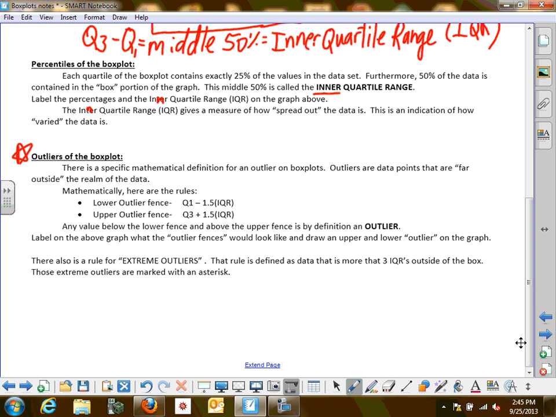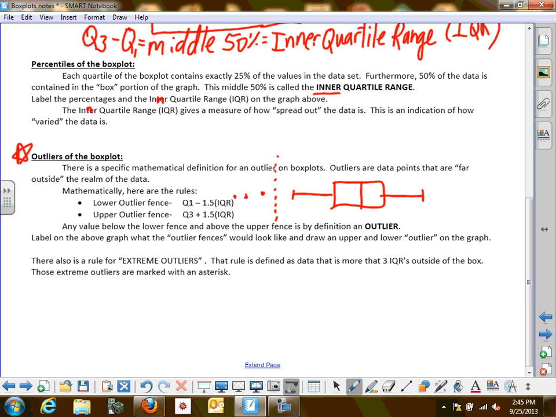There's this thing called a lower outlier fence. So let's think about this and kind of give you an idea of what's happening. There's this imaginary lower fence, and if you have data that goes on the other side of that lower fence, those are called lower outliers.